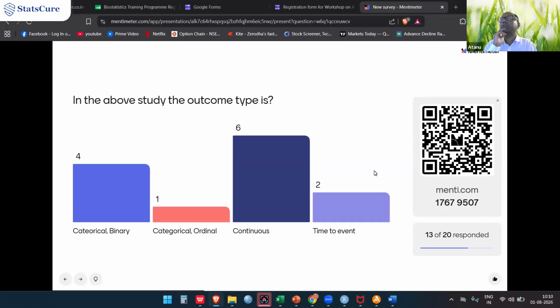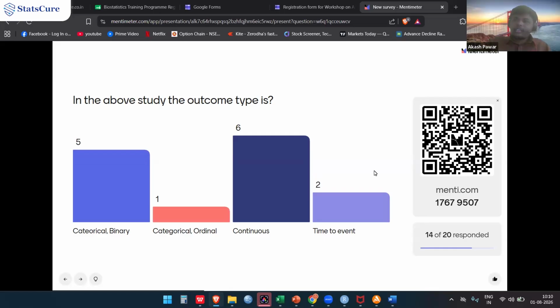Binary? Yeah. So it is categorical binary because what response we might have based upon this is complete response, partial response, but later on we are going to have a definition, right? That complete response and partial response is considered as response, and stable disease or progression of disease is considered as no response, right?